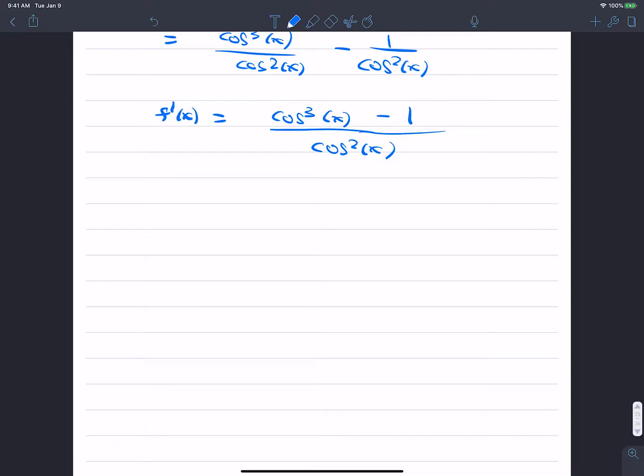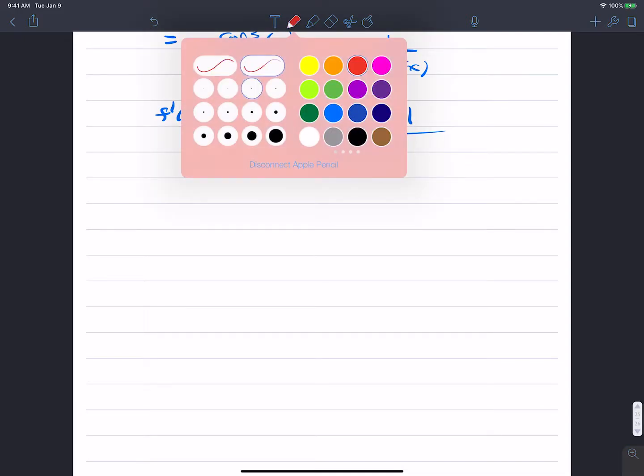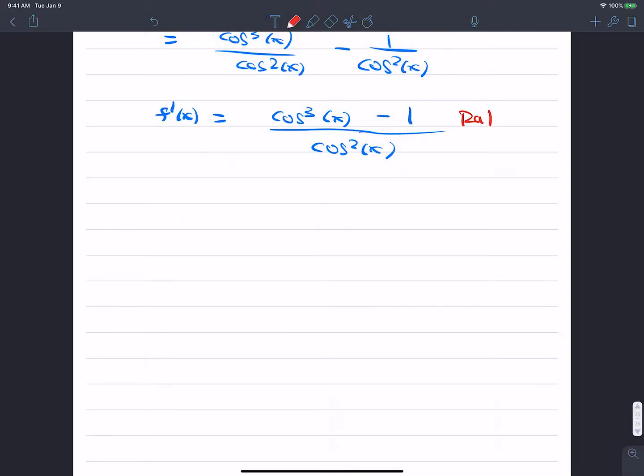All right, you guys okay with that? Now here's the first derivative function. So remember, this function here is rational-like. It's not technically irrational.